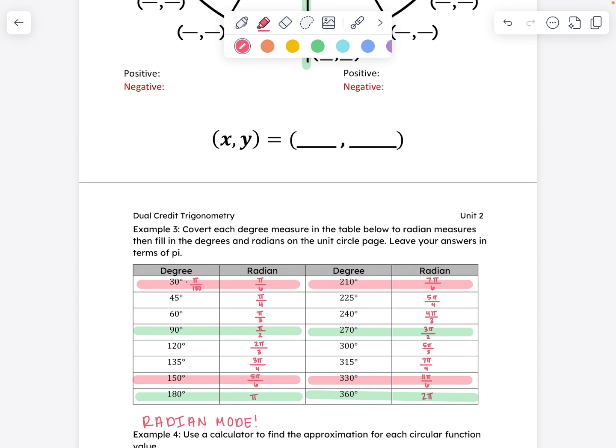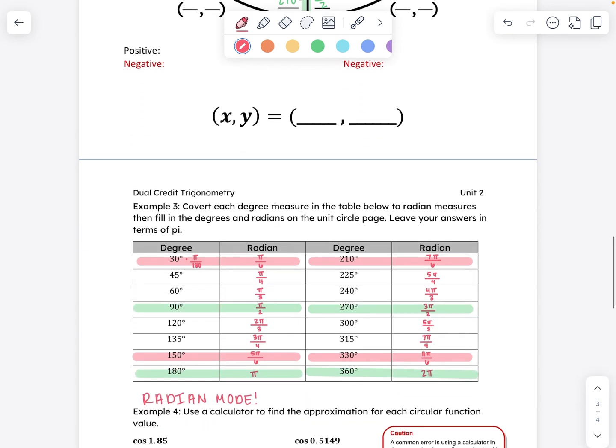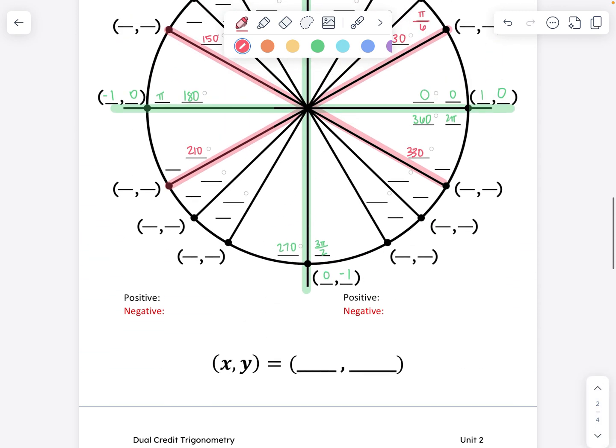So 30 degrees is pi over 6. So I can come up here and write this as pi over 6. I'm going to use that as my fraction bar. 150 degrees was 5 pi over 6.